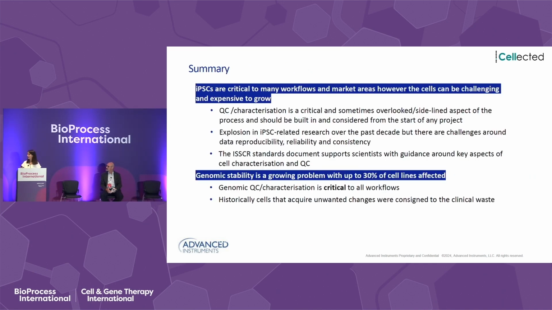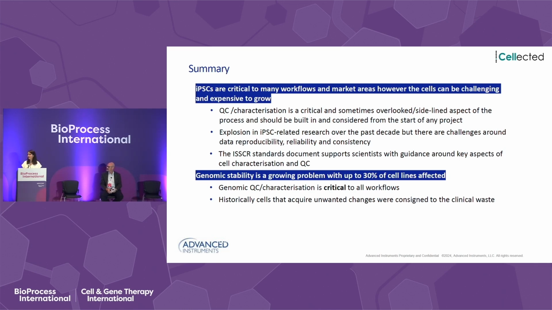So to summarize, iPSCs are now being used across a wide range of market areas, and they're known to be critical for many workflows. They still remain very challenging to culture and to grow. However, there are some improvements that are being made.